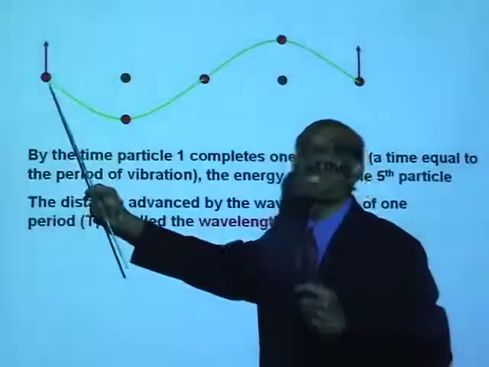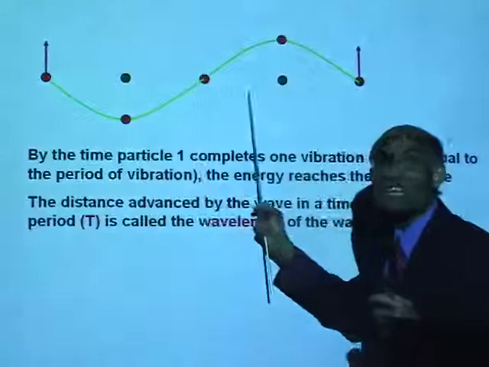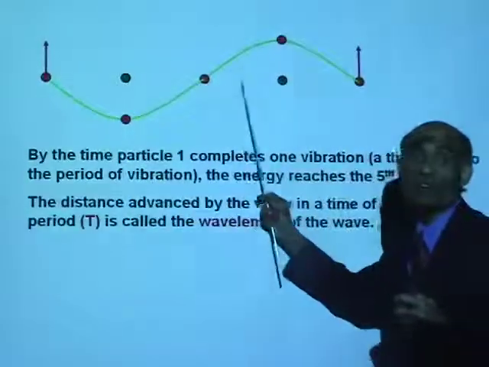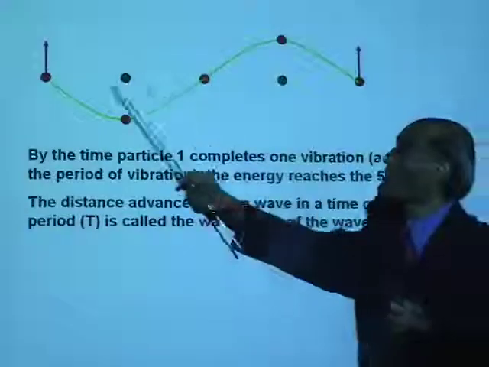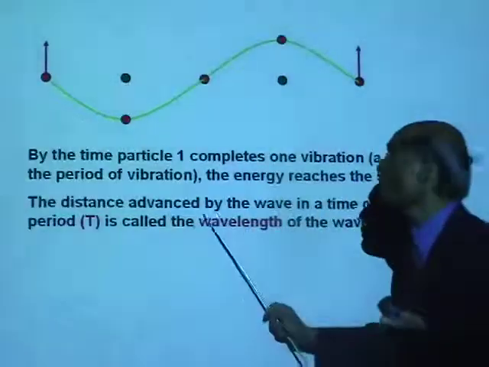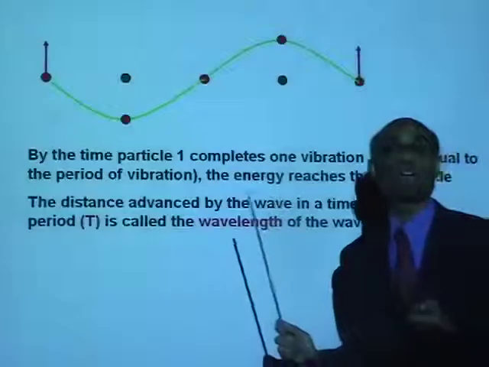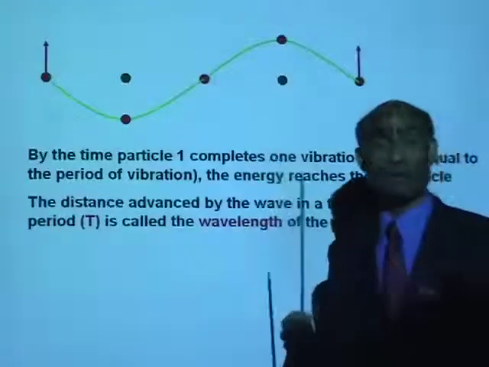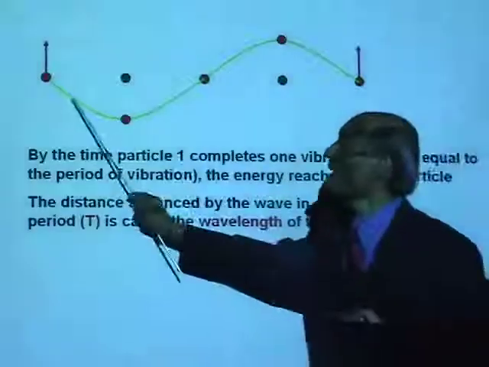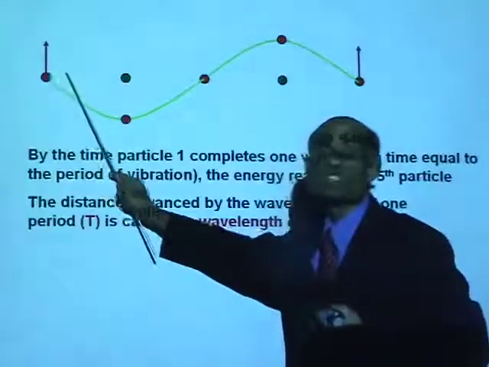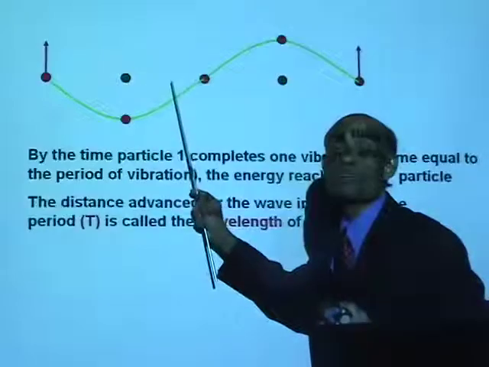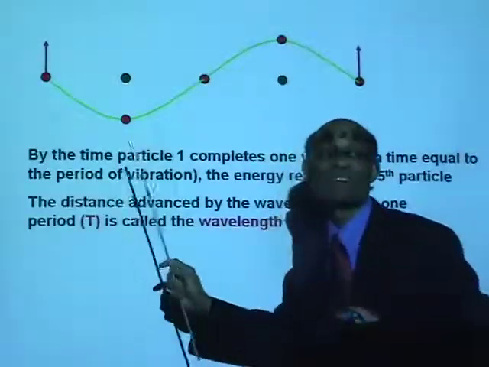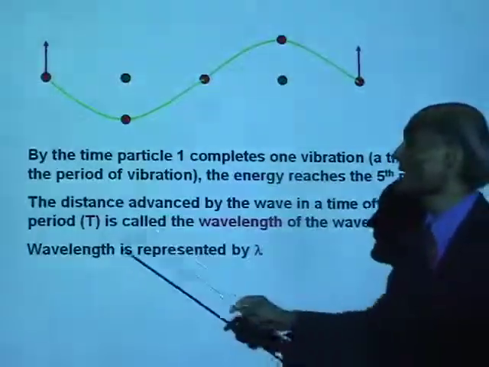And what is the distance advanced by the energy during that time? It is the distance between particles 1 and 5. Now, this distance is called the wavelength of the wave. So tell me, what is the definition of wavelength? An important concept. Wavelength of the wave is the distance advanced by the wave in a time of one period. That is the definition of wavelength.